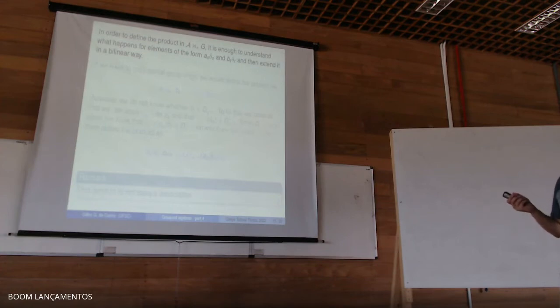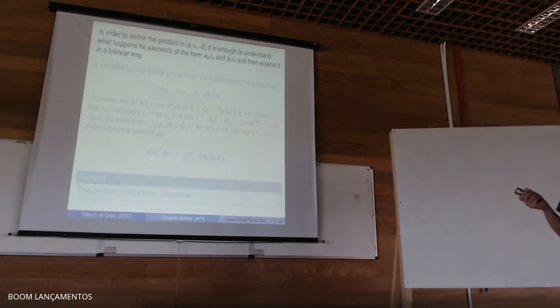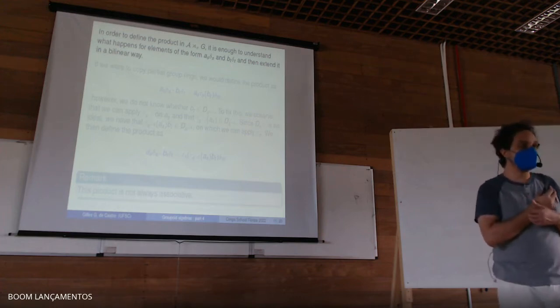So first of all, because we want the product to be bilinear, it's enough to show what happens for a_s delta_s and b_t delta_t. Here a_s should be in the ideal D_s and b_t should be in the ideal D_t. That's enough for us to know what happens.